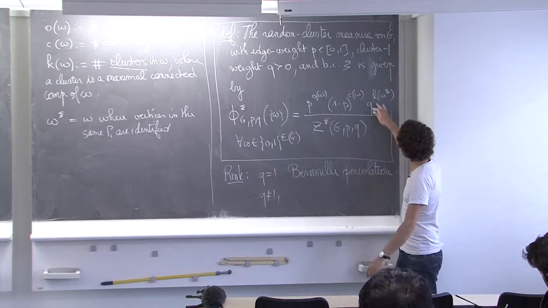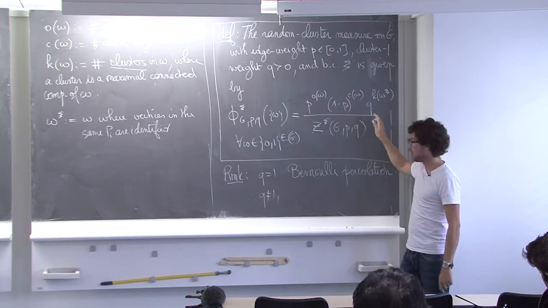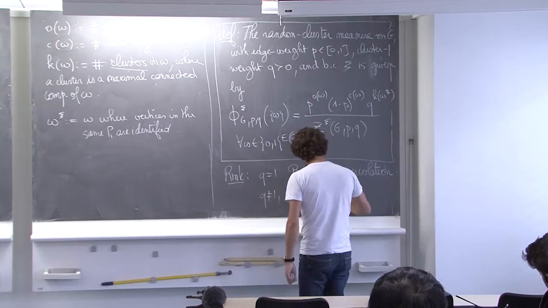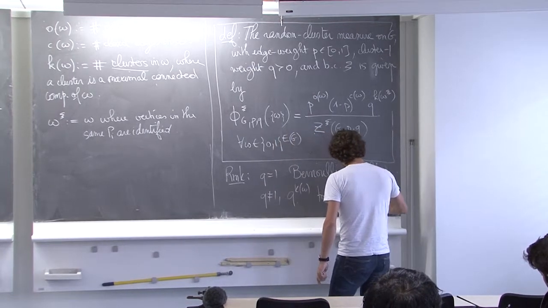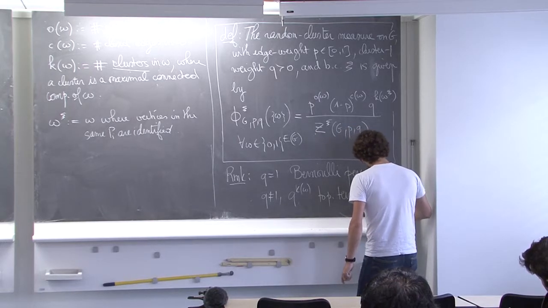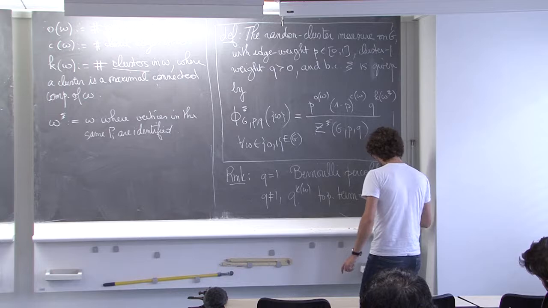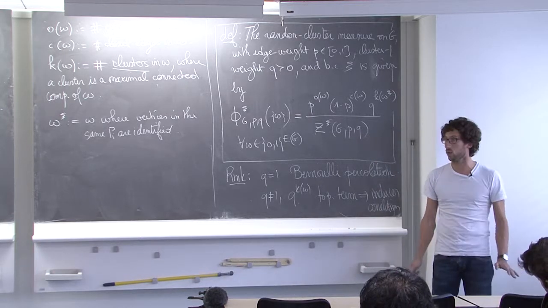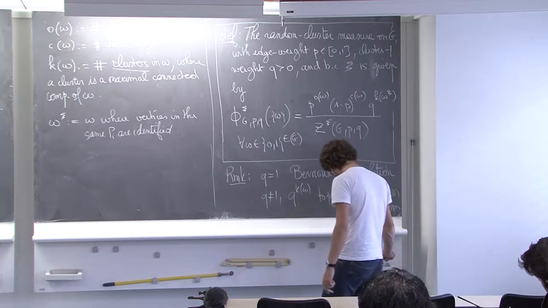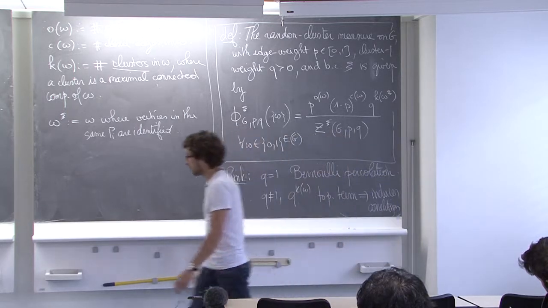So q to the k of omega is sometimes called a topological term, and it induces correlation. Now it's not true that you have independence when q is not equal to 1. So this is where the long-range dependency comes from.